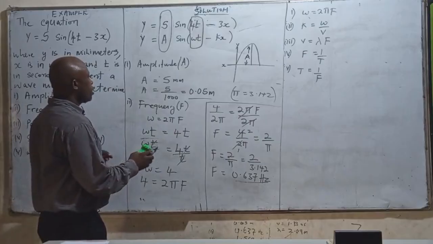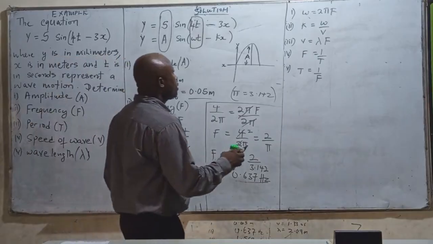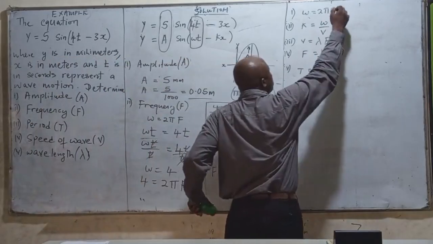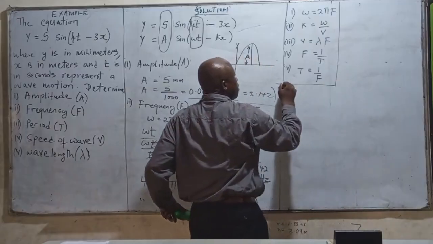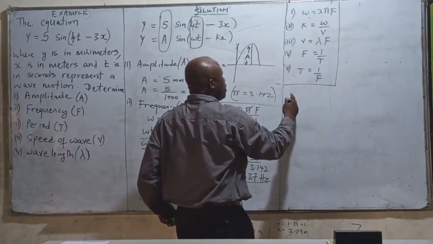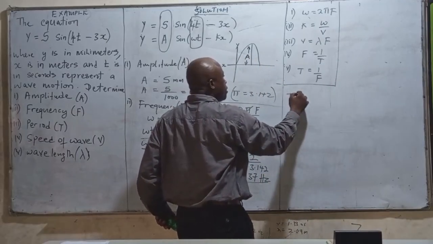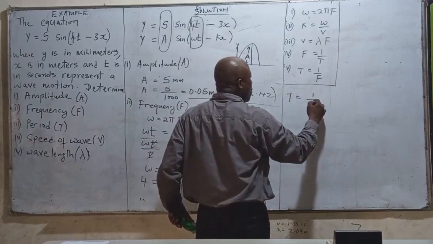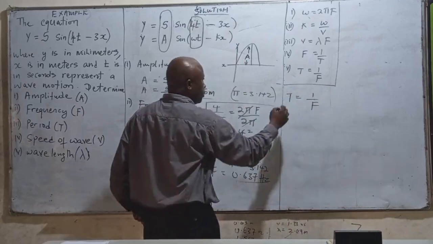In solving for period T, we come back here. So T is equal to 1 over f.